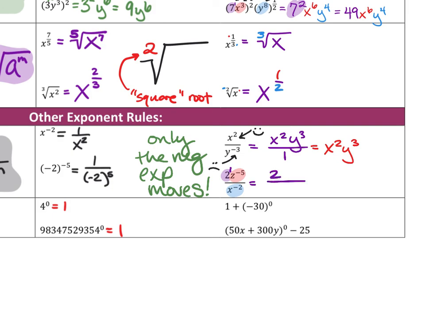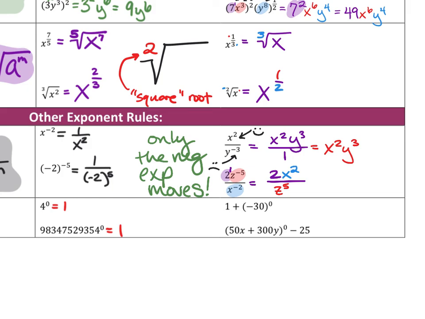But we should make sure we move the denominator x negative 2 up to the numerator and say x to the 2nd power. And we should take the z to the negative 5th power that's in the numerator and hammer time it down to the denominator so that it's positive. Only the negative exponent moves.